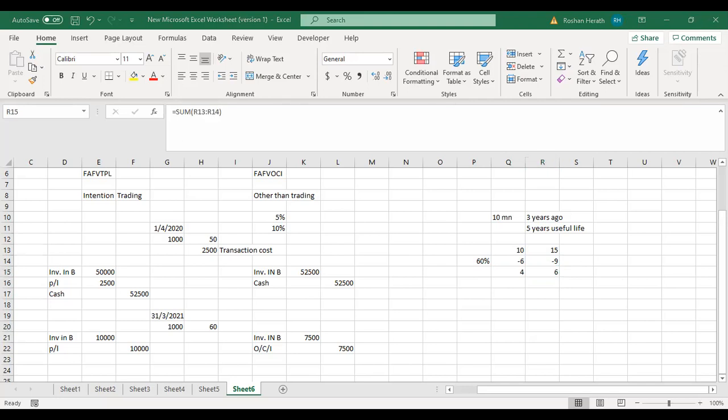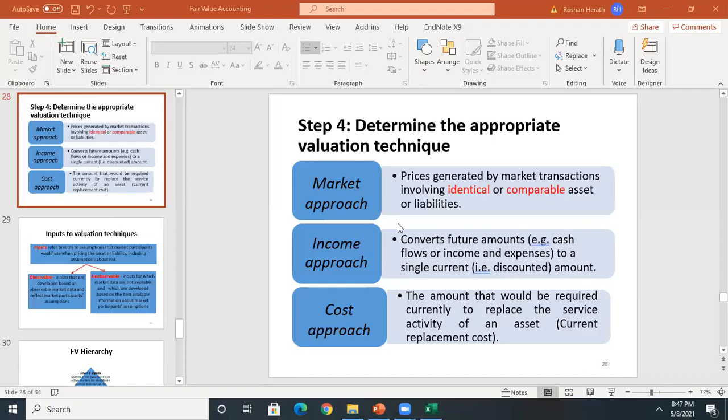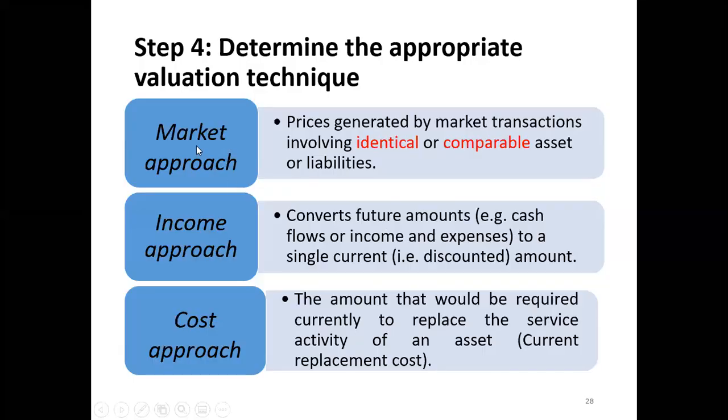That is another approach that is available for the fair value if the market approach and the income approach are not available. But as far as the reliability of each of these approaches is concerned, it is getting lower. So when you switch from the market approach to other approaches, the reliability of the fair value is compromised, right? If you go for the income approach or the cost approach, the reliability could be less.